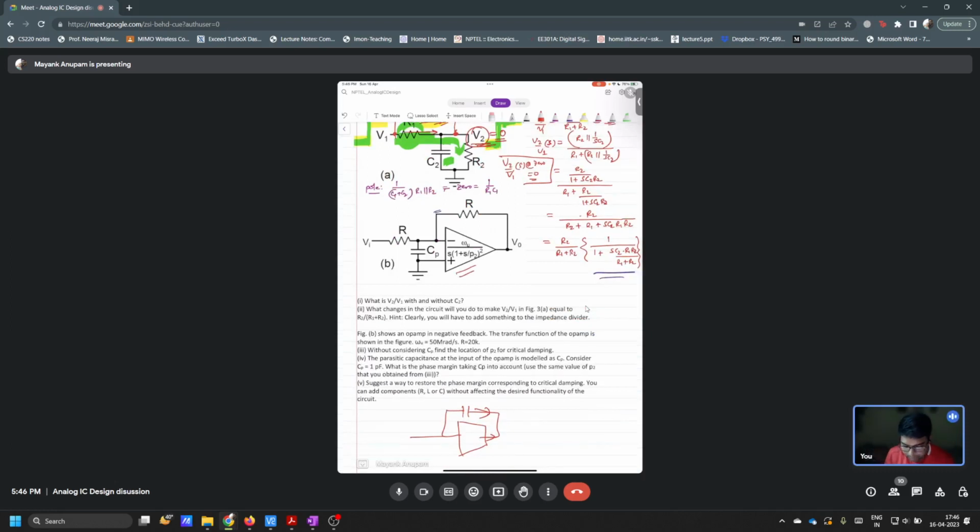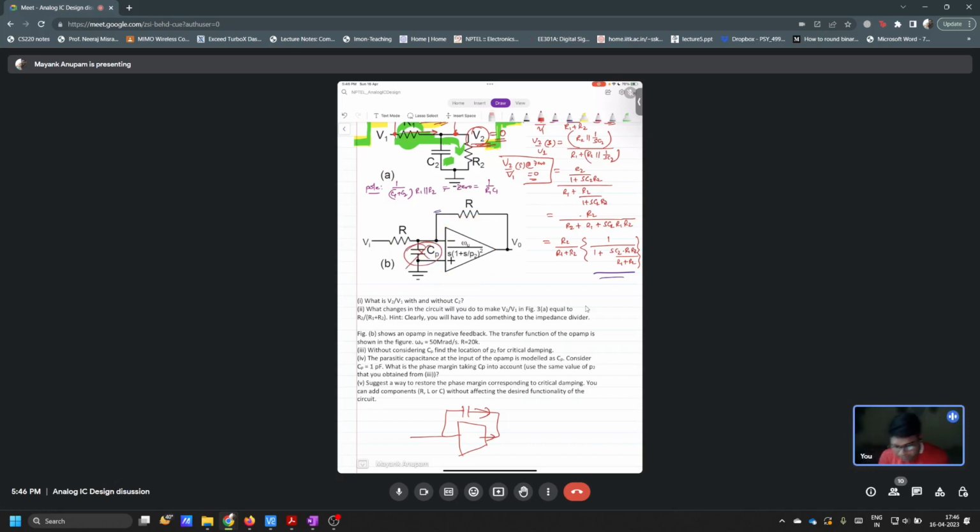So in this case also, this is a very frequent problem. So this is basically an op amp here inside, right? And you have put it in negative feedback. This is a normal negative feedback. Ignore this capacitor for now.